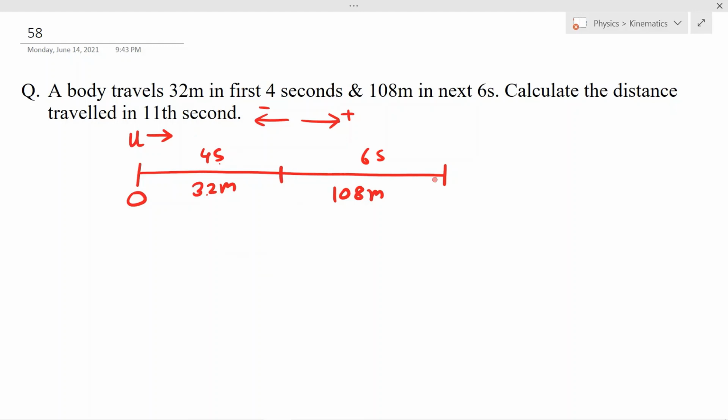And in all of these questions we have assumed that the acceleration is constant, that is, this is the case of uniformly accelerated motion.